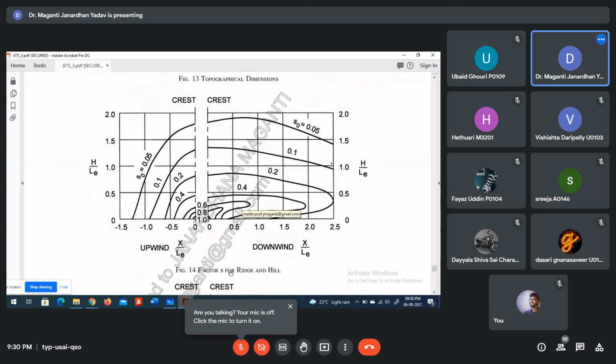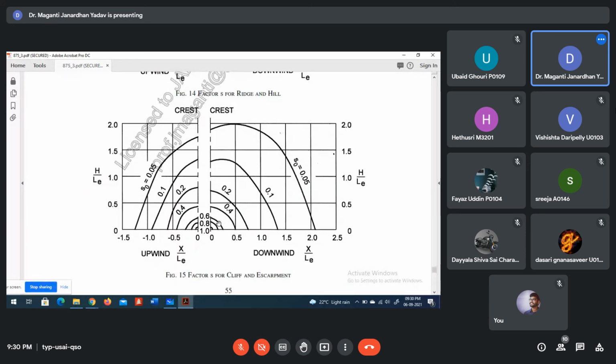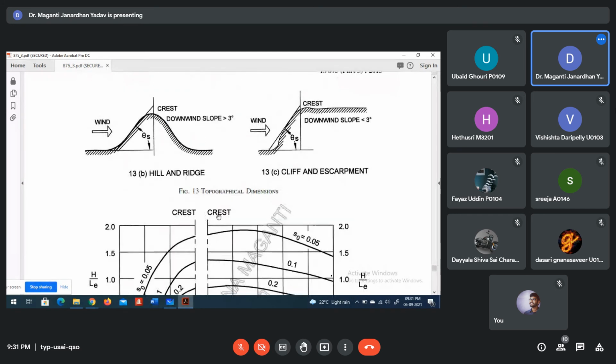Look at this. Ours is a downward slope greater than 3 degrees.